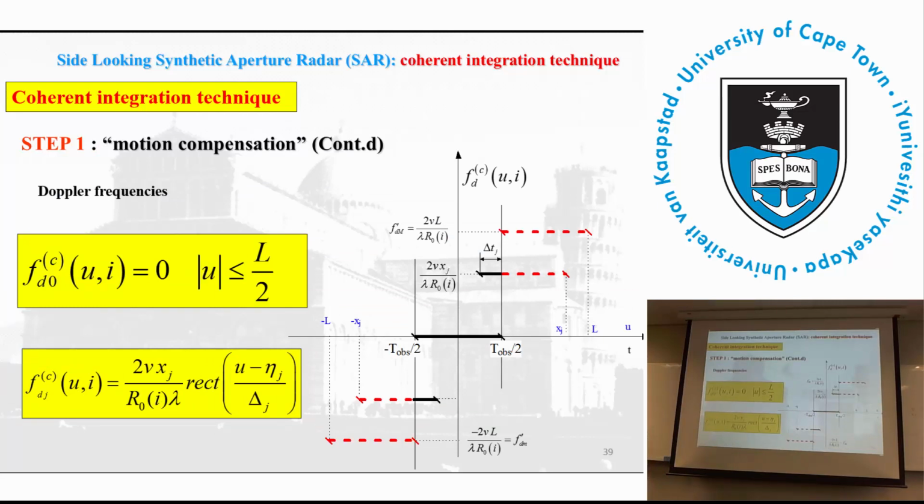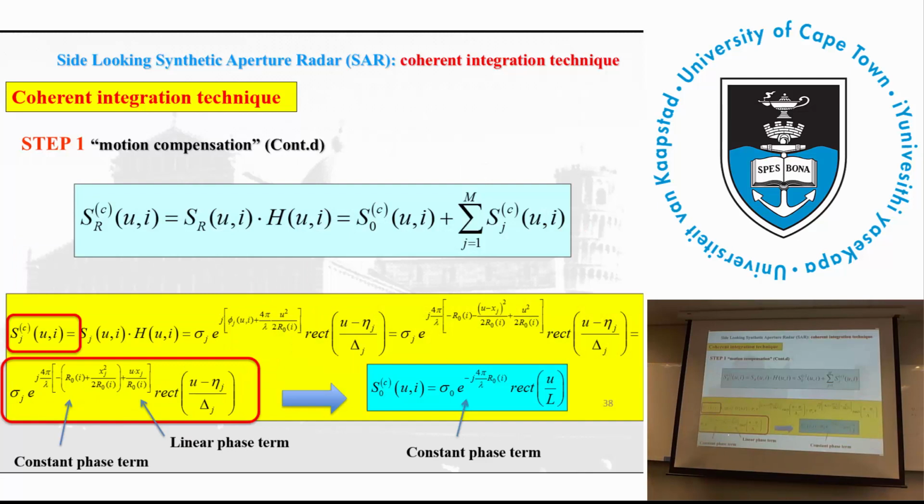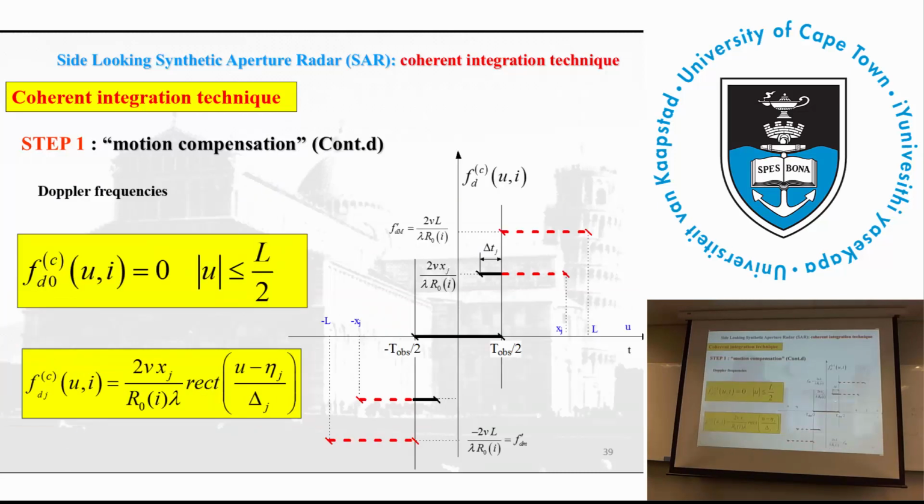Any other scatterer will have a Doppler that is associated with its position. For example, the Doppler for xj is proportional to the Doppler generated via this coefficient, which is 2v divided by lambda r0. That coefficient multiplies the actual position.